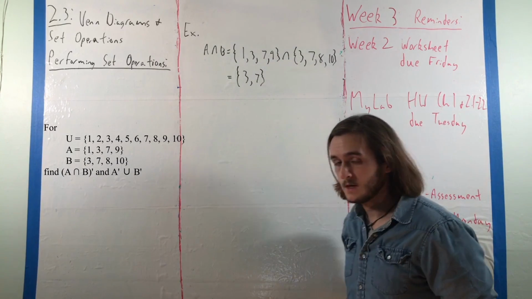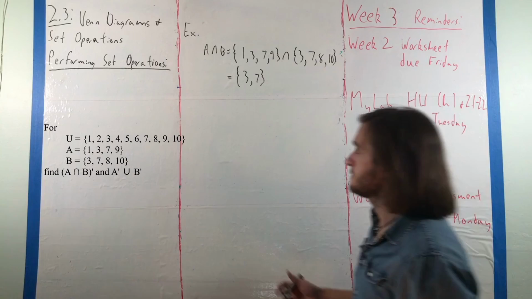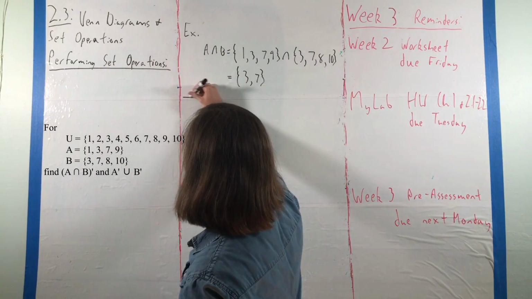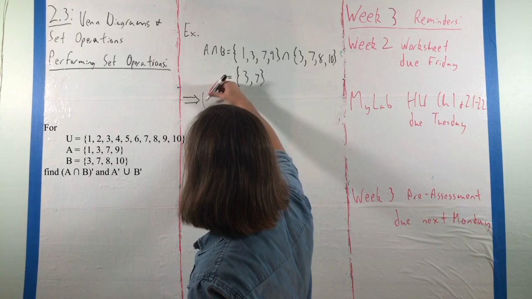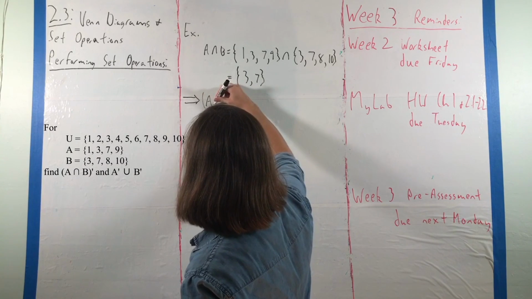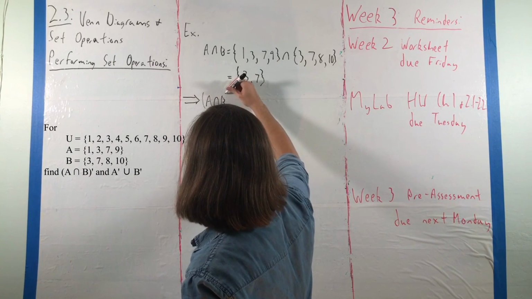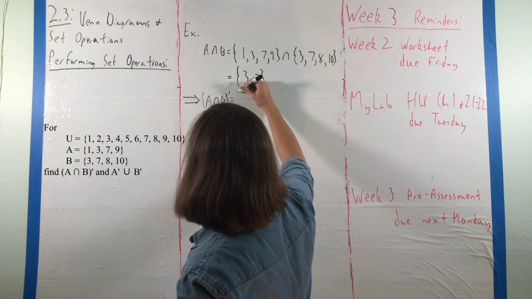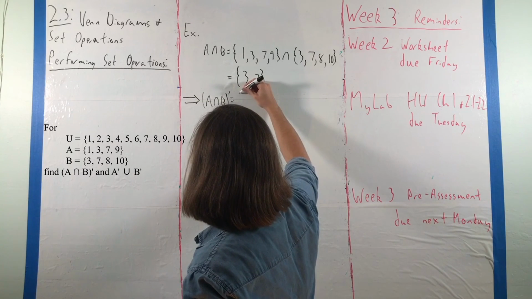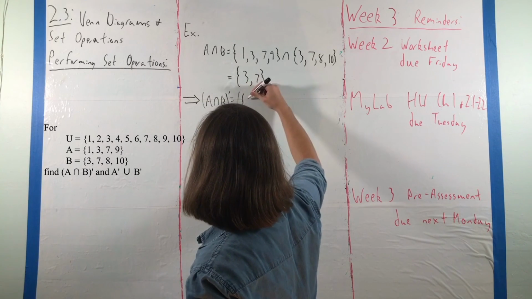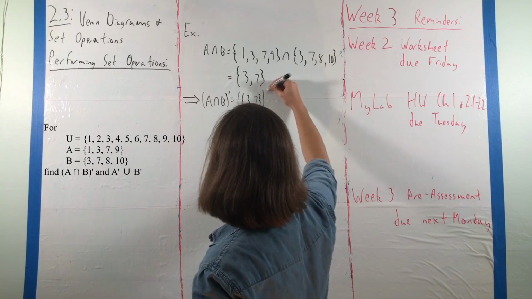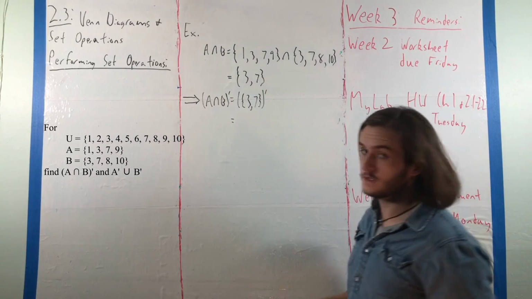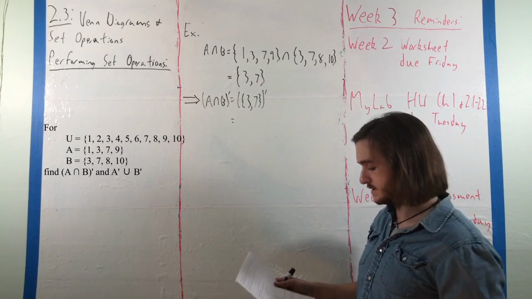So for our next step, we go a step outside of that and find the complement of that. The complement of A intersect B is in this context the complement of the set {3, 7}, which would be everything in the universal set other than 3 and 7.